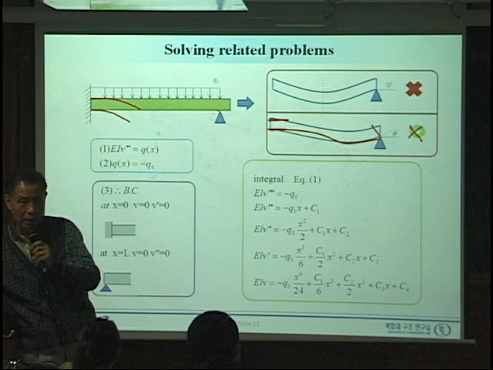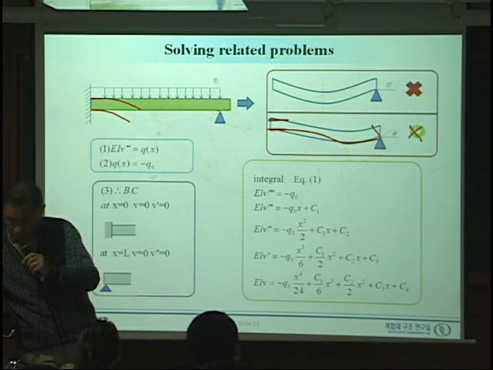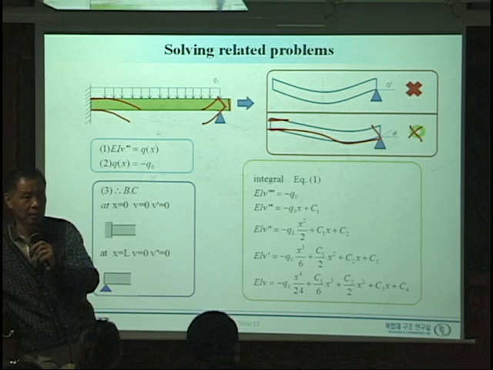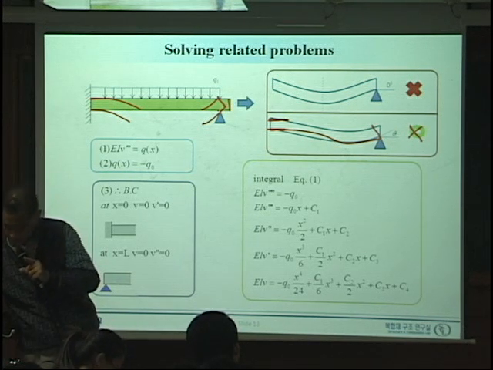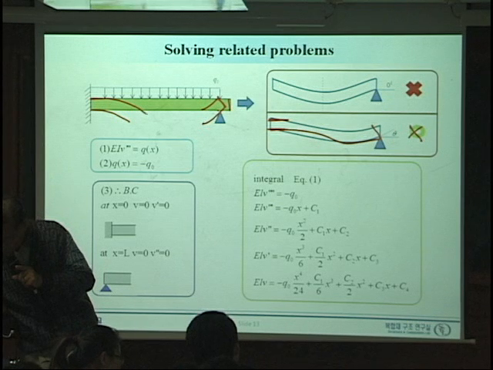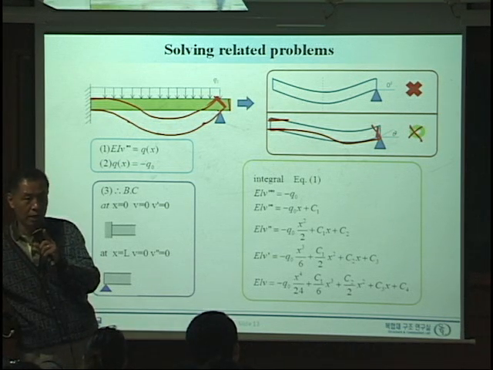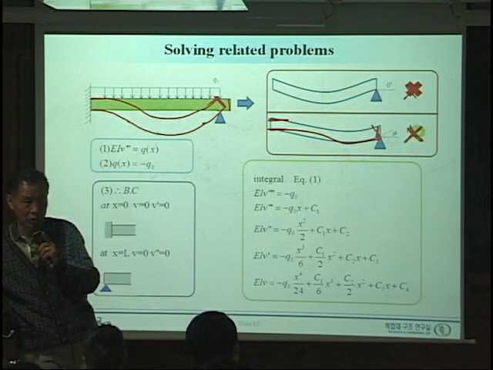And here, moment is 0 and deflection is 0. Moment being 0 means that the angle should change. This one is not a vertical line. It's very important. So you should have the deflection like that. And again, if you have a vertical line like that, you will be wrong. And this one is also wrong.